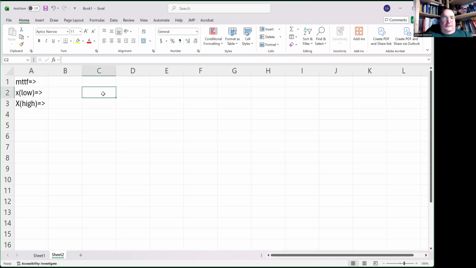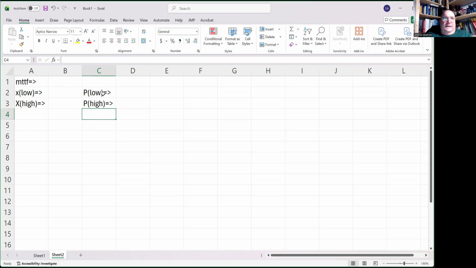And then we want to do P low versus P high. Oops. And this will actually give us a range.